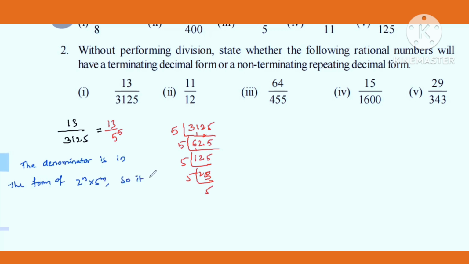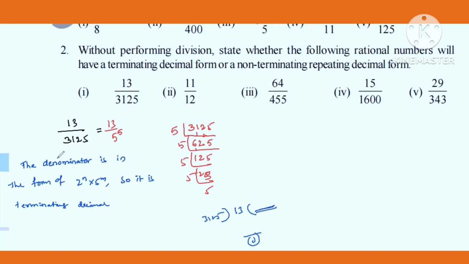So it is a terminating decimal. Means that ratio represents a terminating decimal. Means if you divide 13 with 3125, the decimal we get in the quotient will end, and we get remainder 0. Yes, we get a terminating decimal.